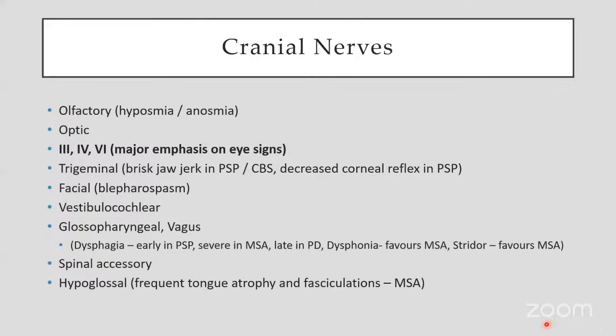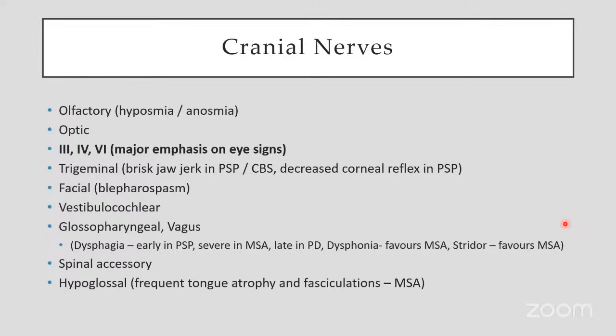So going into the cranial nerves examination, first olfactory. Hyposmia and anosmia are mostly seen in synucleinopathies, because alpha synuclein accumulates in the olfactory bulb and tract, but it is not seen in PSP or CBS, which are tauopathies. Next, the optic nerve and the 3rd, 4th, and 6th cranial nerves are discussed in the next slide.